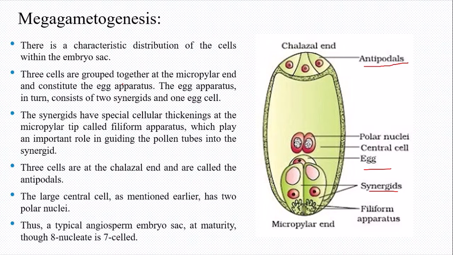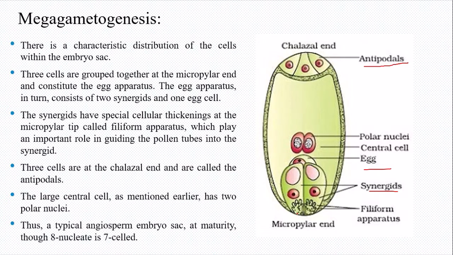So three cells are grouped together at the micropylar end and constitute the egg apparatus, which in turn consists of two synergids and one egg cell. At the chalazal end, these three cells are termed antipodal cells.